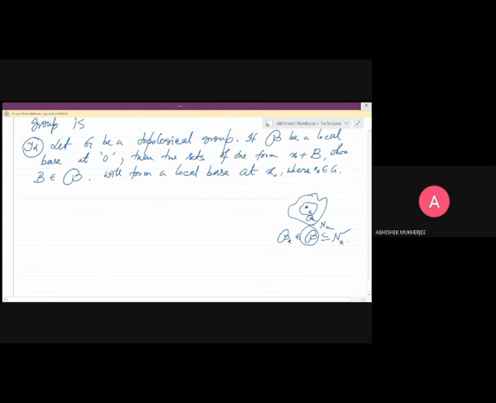So a subfamily curly Bx of the neighborhood system at x will be defined to be a local base at x if for each neighborhood Nx there exists a member Bx of curly Bx such that Bx is a subset of Nx.